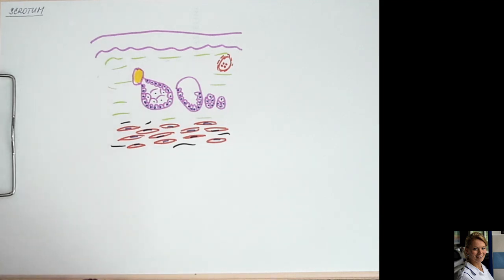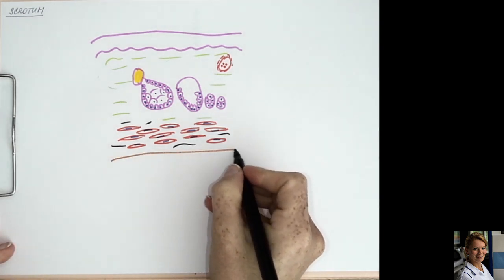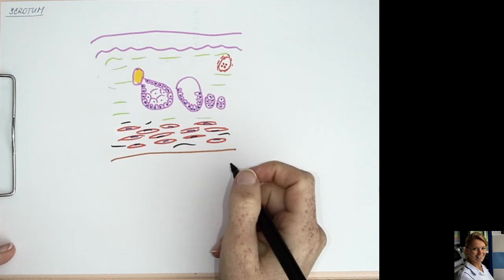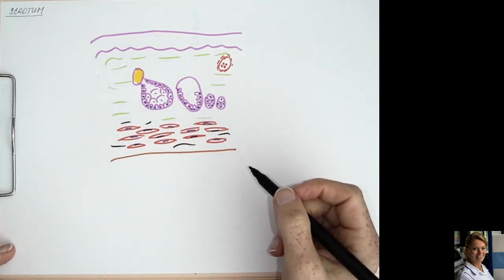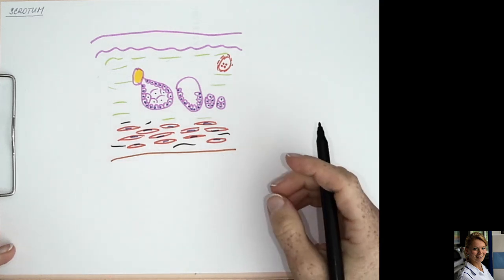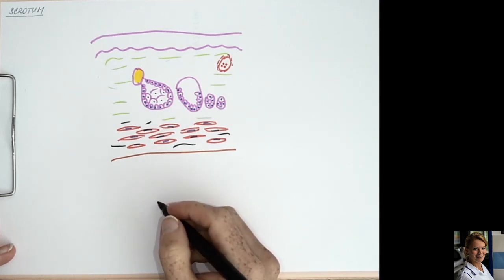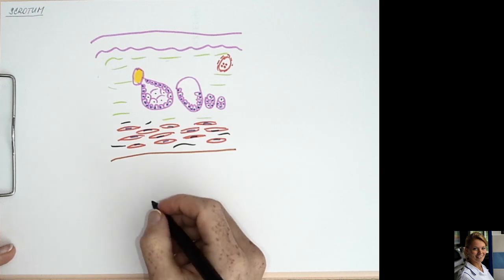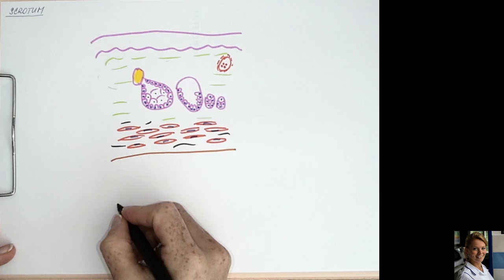First, external spermatic fascia, which is an extension of fascia abdominalis superficialis, and the second one is the internal spermatic fascia, which is an extension of fascia transversalis.